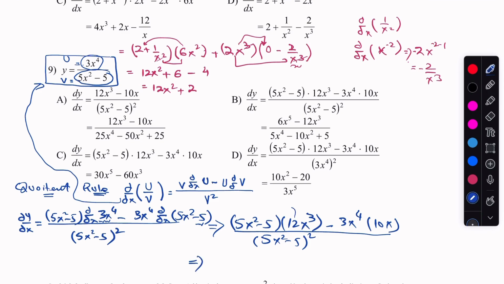So 12 multiplied by 5 is 60, and the bases being the same, the powers will add, which is 5, and then we multiply this: 60x cube, and over here 3 multiplied by 10, 30 x power 5.